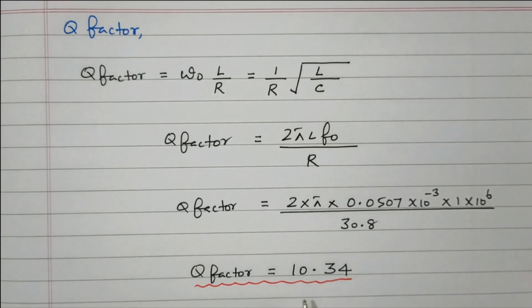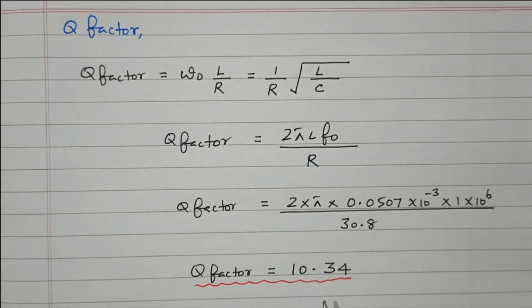By simplifying this we got Q factor equal to 10.34. So the Q factor of the coil inductor is 10.34.